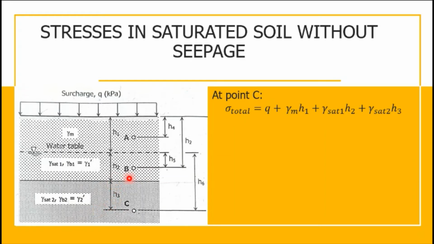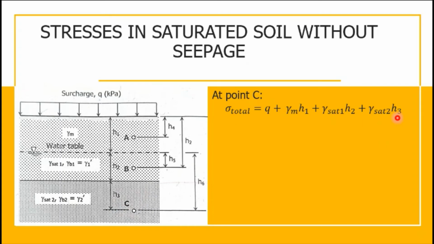Up to here only is what we have gotten. So, we have to get the height from this layer down to this point in order for us to get the total stress. So this is H sub 3. That's why the total stress is this.